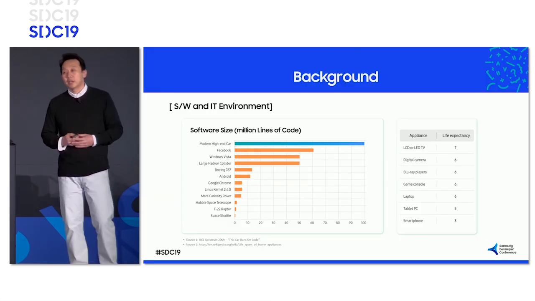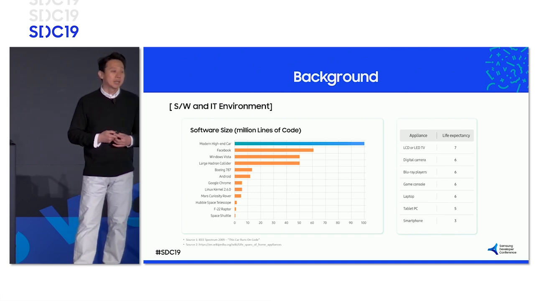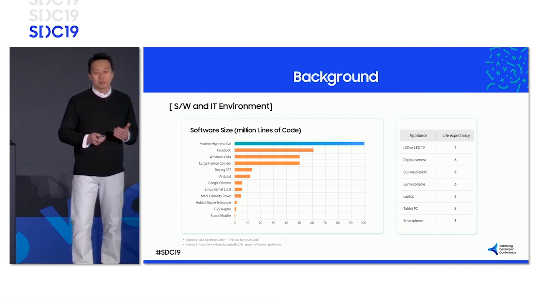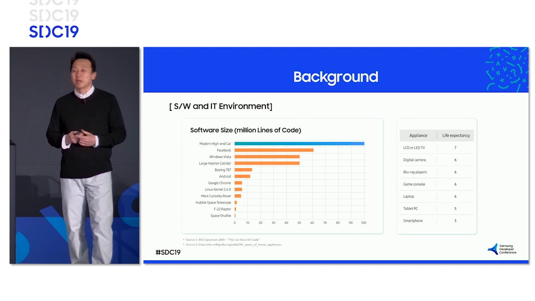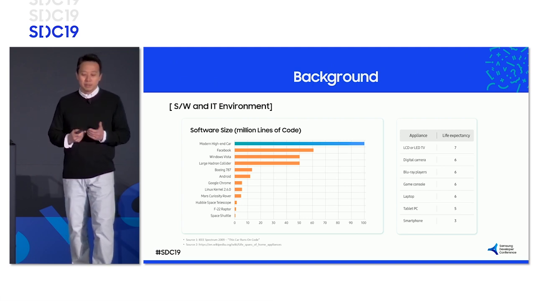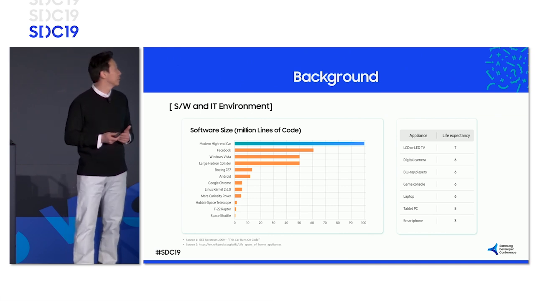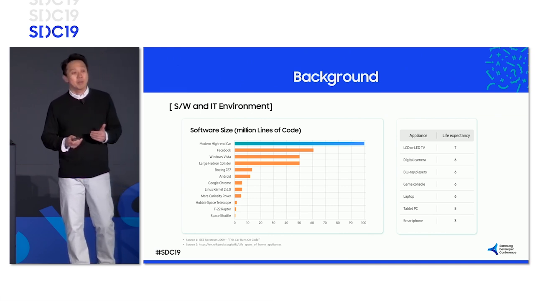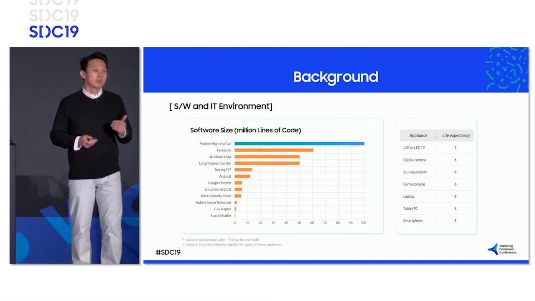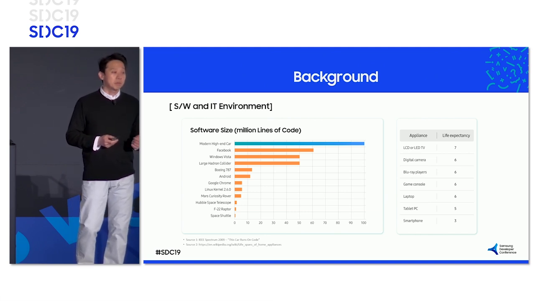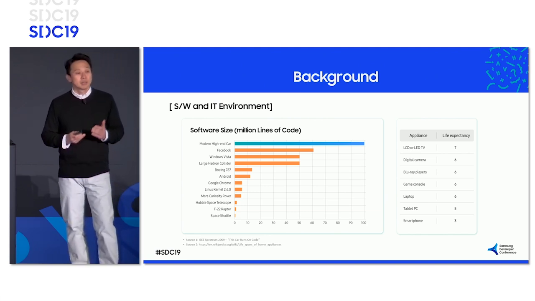Before introducing our approach, I'd like to talk about the current software development trend. These days, software size is really huge. For instance, software platforms like Android and Windows and service platforms like Facebook have 10 million lines of code.